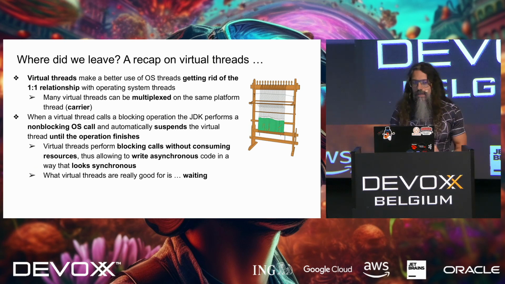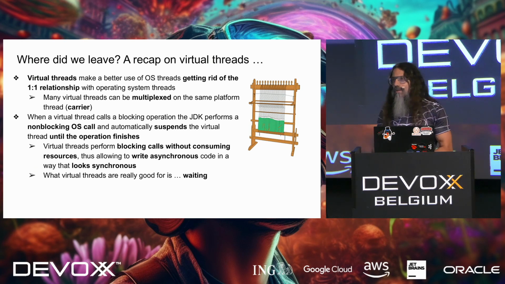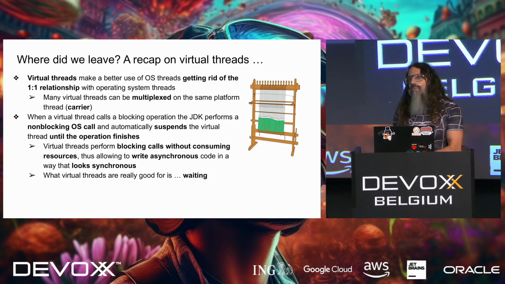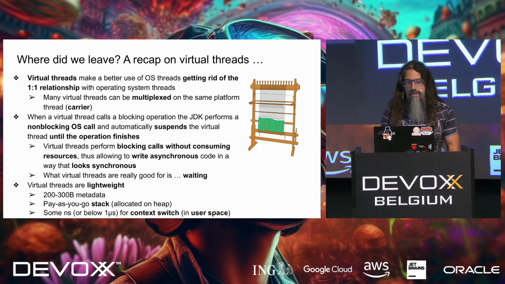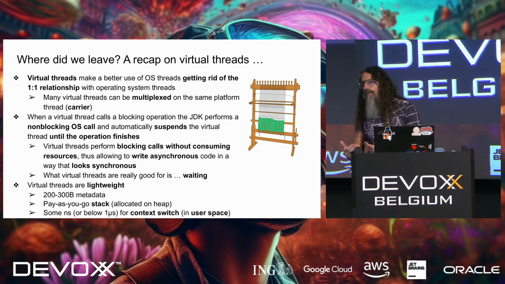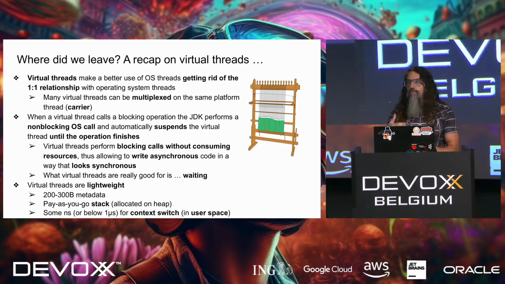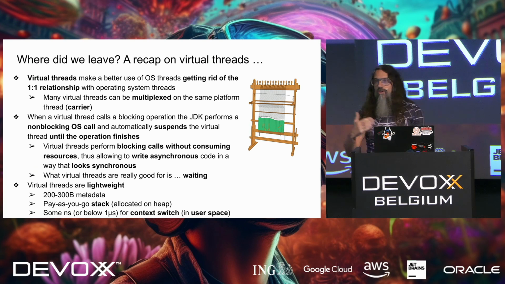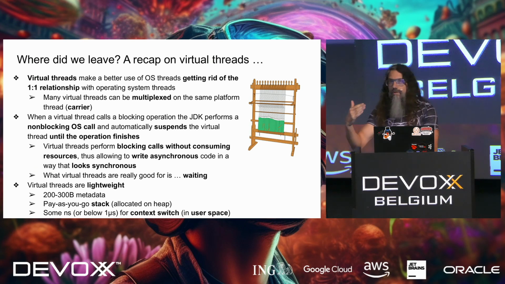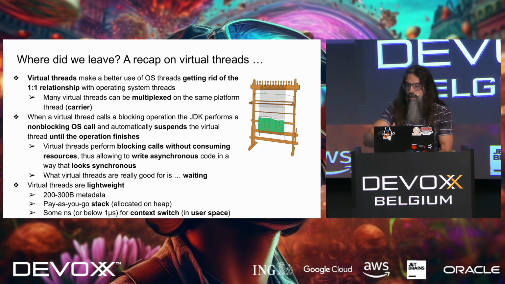So in essence, what virtual threads are really good for is just waiting without wasting a resource. This is because they are very lightweight. The metadata that they take is very, very small, just a few hundred bytes. The stack is not pre-allocated. They don't take one meg or more of stack like native threads do, but the stack grows as you need it.